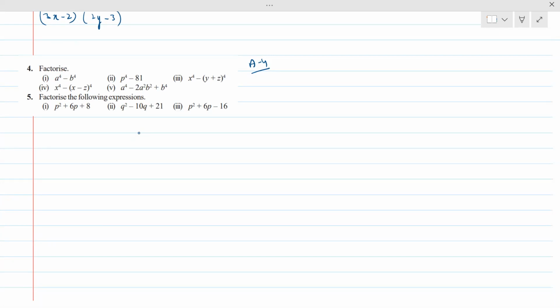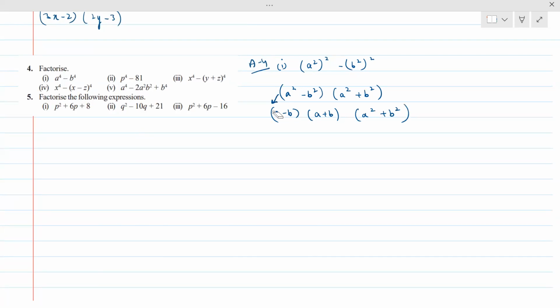Now this is, I think, easy enough because we can write (a^2)^2 minus (b^2)^2, which is (a^2 minus b^2)(a^2 plus b^2). Further we can factorize it like (a minus b)(a plus b)(a^2 plus b^2). This is the required answer.